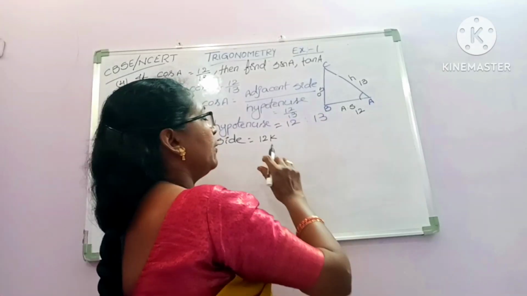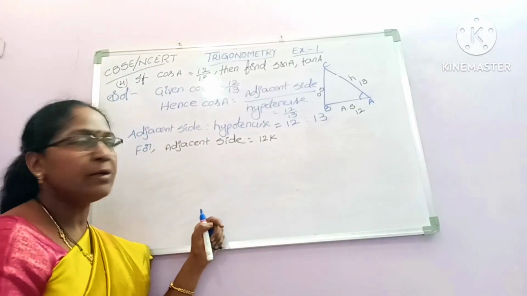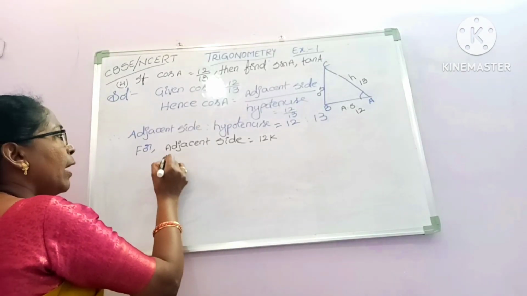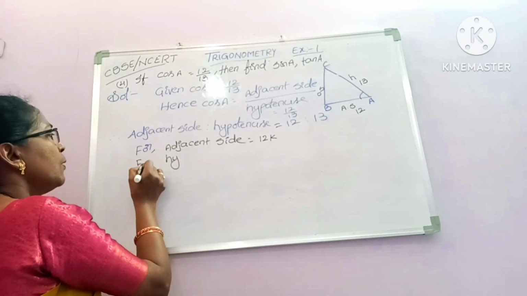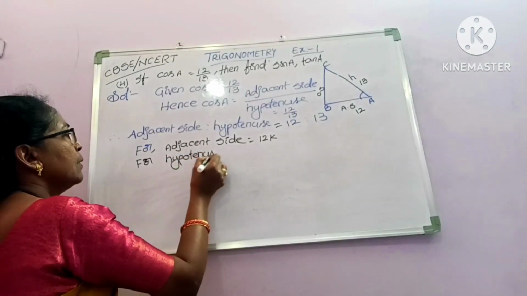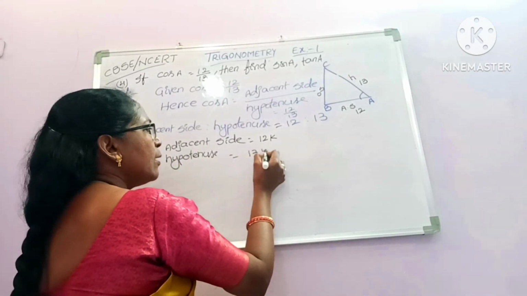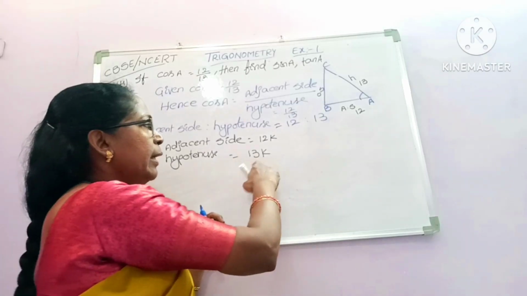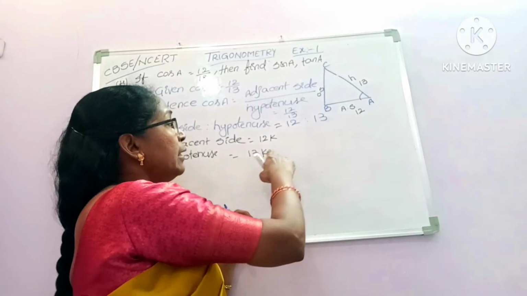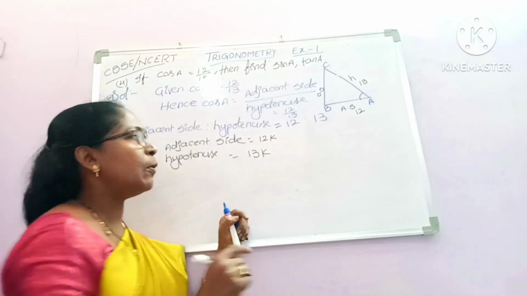So here 12k, 12 into k, where k is a constant. Like that, for the hypotenuse, what is the value? 13. That also is a simplified value, so again you have to take 13k, that means 13 into k, where k is a constant, also a positive number.